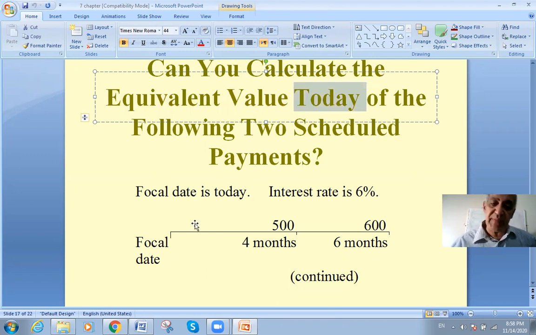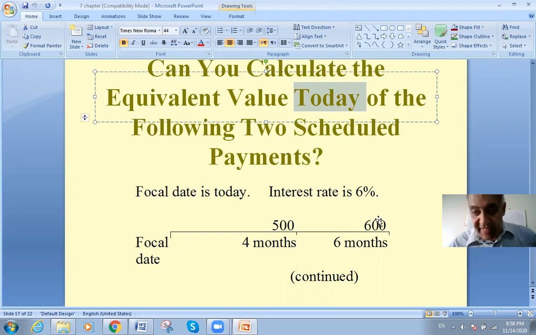What are the scheduled payments? I have $500. After 4 months, they will be $500. I just want to know the $500 after 4 months: what is the value of it today? What is the value of this $500 today? And I also have $600.